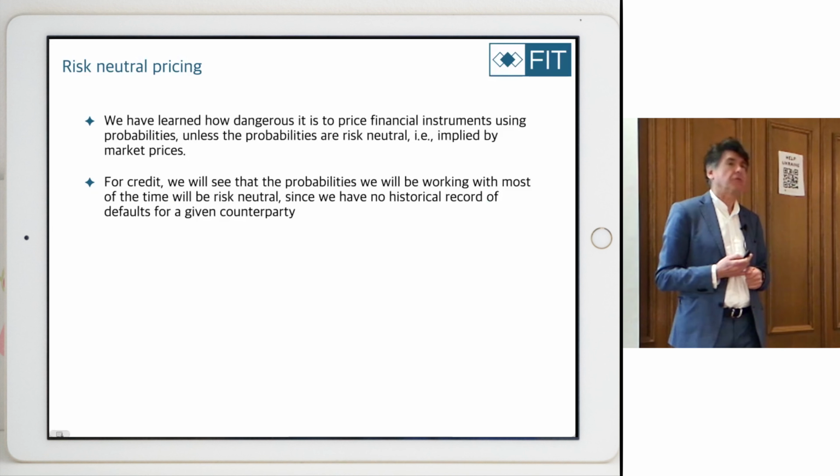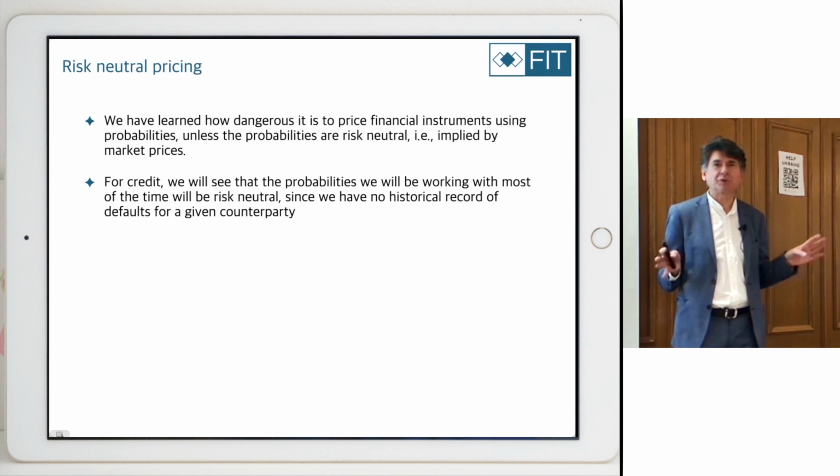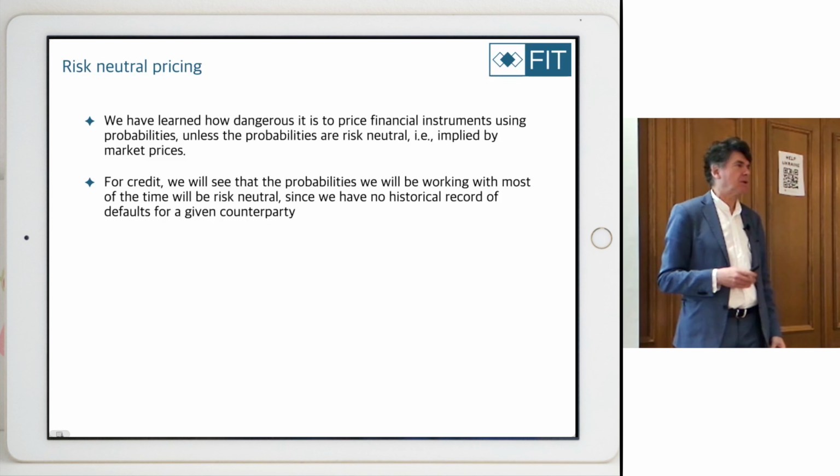There's good news though, which is that in credit, it's almost impossible to work with any probability which is not risk neutral. Why is that? What's my probability of paying back a loan?